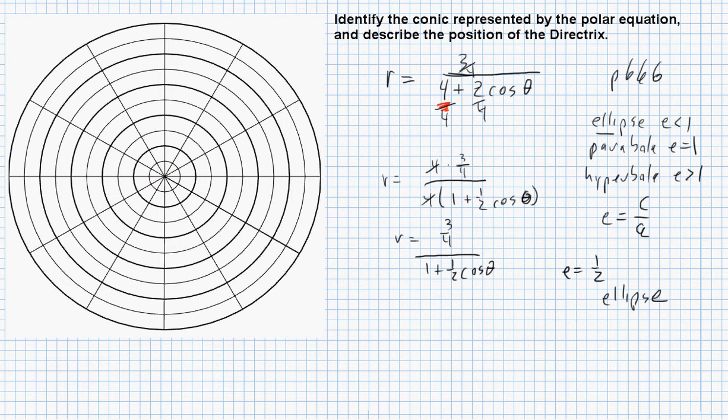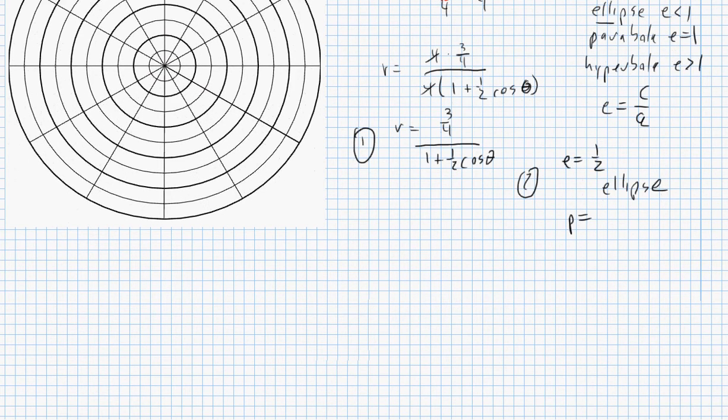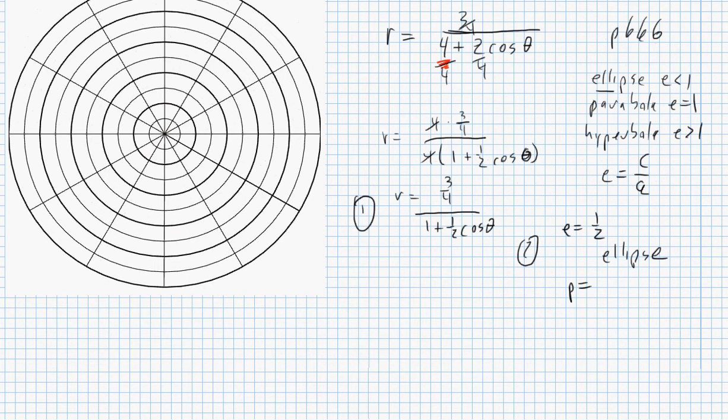Okay, now we also want to calculate the second part of our process here. So this was the first part, to render the equation in the standard form. The second part is we're going to calculate E, and then we're going to calculate P. Well, P comes from the value on the top.